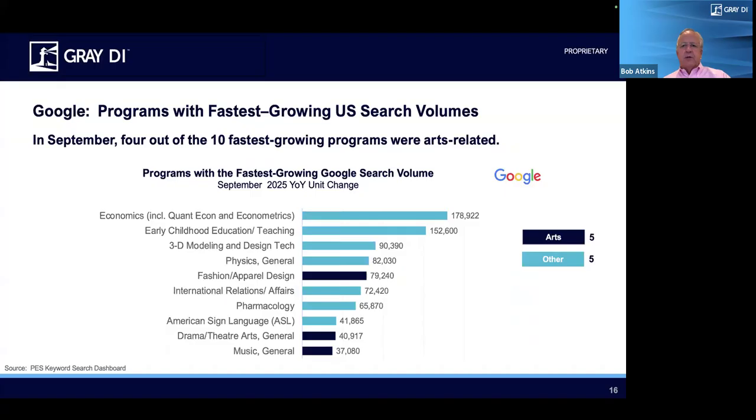Programs are the fastest growing U.S. search volume. So what was growing in that context? Economics and econometrics. So the quant side of economics, and many people have converted their regular economics program into this. So this is a combination of the liberal arts econ and the more quantitative econ, because there were shifts in the way this was accounted for that make separating them out meaningless.